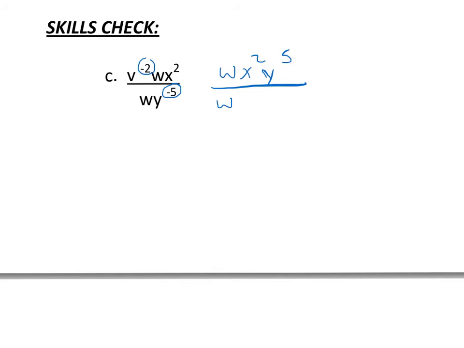The y to the negative fifth was moved to the numerator, but the v comes down because it has negative 2 and now has a positive 2 power. This one, however, has something we can clean up. The w's can cancel away, or if we look at it as powers, 1 minus 1 is 0, so either way they cancel. So we're left with x squared, y to the fifth, over v squared.